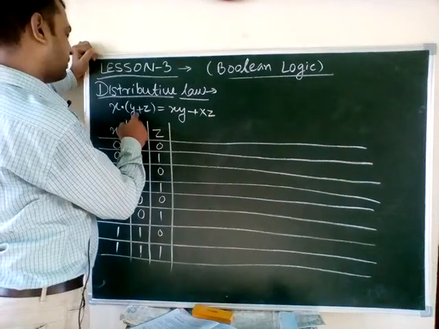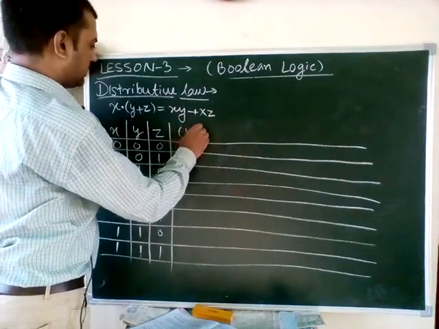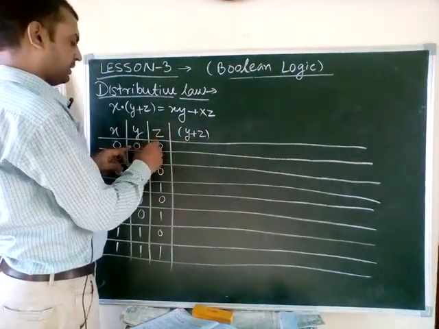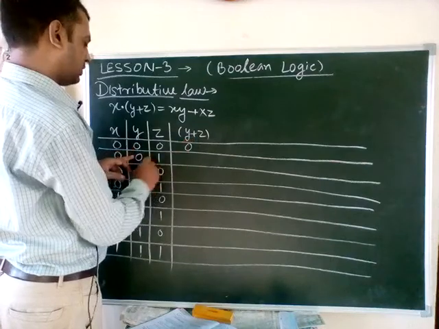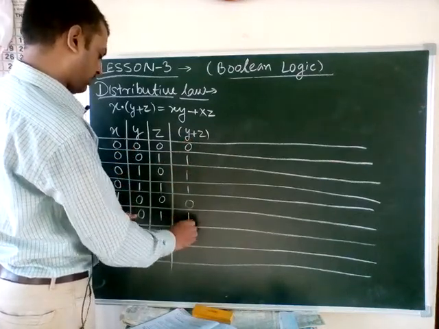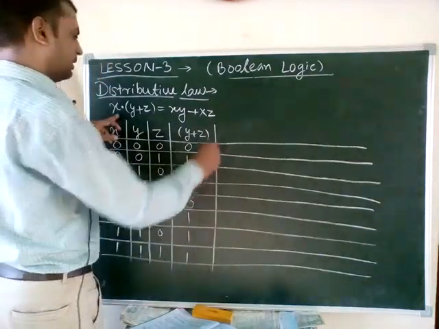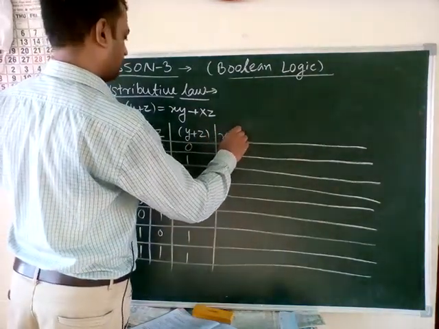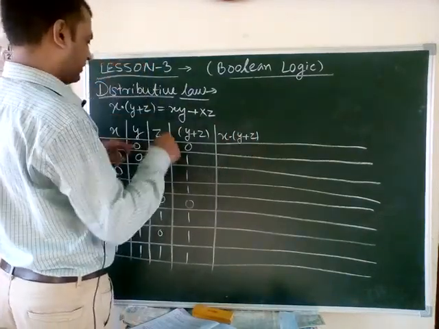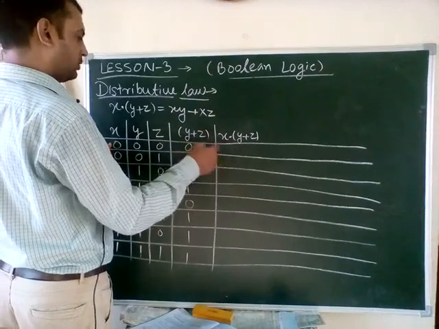Now first you will solve this, y plus z. Y plus z means if you get 1, then you have to give 1. So here 0 1 1 1 0 1 1 1. Now x into (y plus z). Now in these two columns, if any 0 is there, then you will give 0.